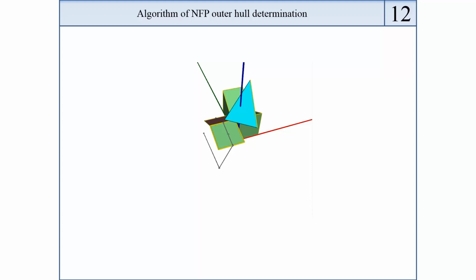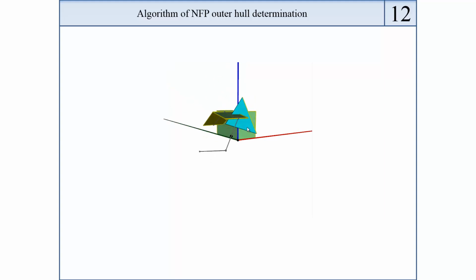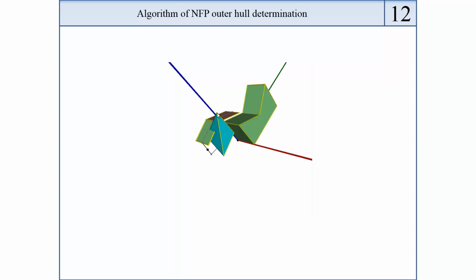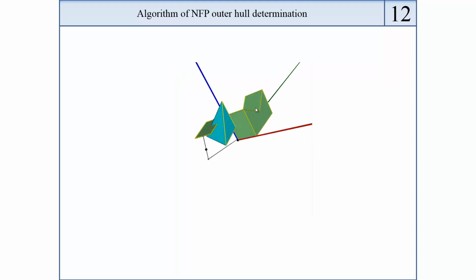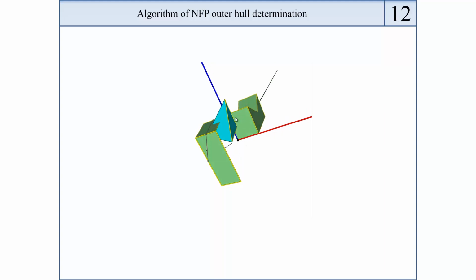For the face-edge and face-face touch cases, NFP parts will be equal to the NFP of two-dimensional components. Here this component is an edge and a face of the fixed object, and let me show you what will happen. It's the NFP of this face and edge shifted by a vector.